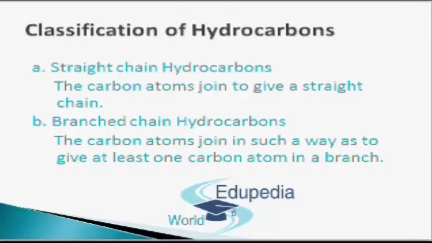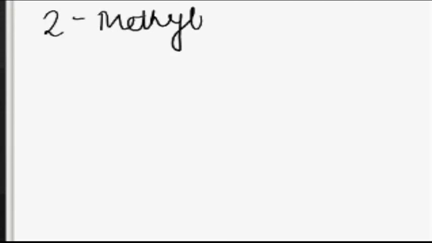Now, branch chain hydrocarbons. In these hydrocarbons, the carbon atoms join in such a way as to give at least one carbon atom in a branch. For example, 2-methyl propane.